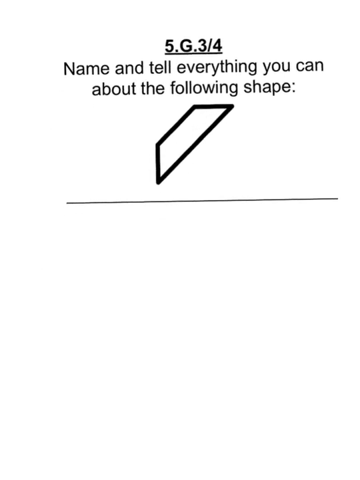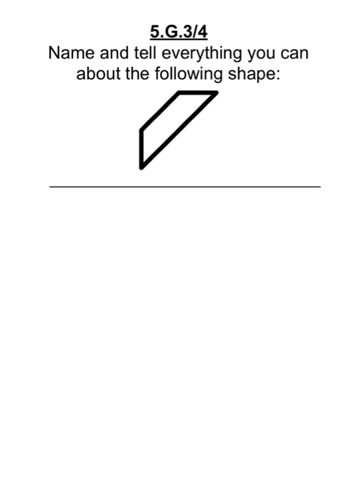All right, here we have a beautiful shape, and we're going to name and tell everything we can about this shape. Now remember, we talked about parallel lines. Parallel lines are the lines that travel along side by side like railroad tracks. And they never, ever, ever move towards each other. Like these lines are not parallel because the distance here is smaller than the distance here.